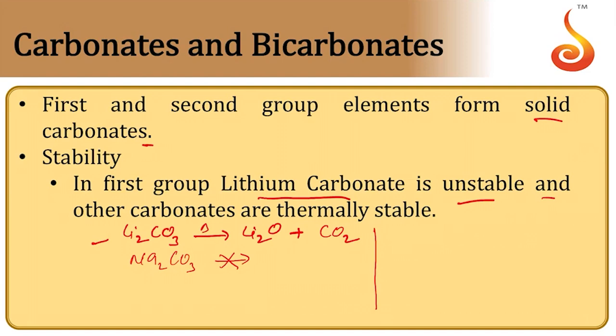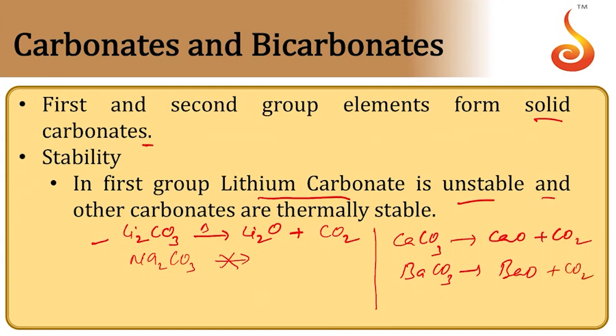Now when you take second group carbonates, all of them dissociate, but the stability will be increasing. Suppose when you take calcium carbonate, it gives rise to calcium oxide plus CO2. Take barium carbonate, BaCO3, it also dissociates to give BaO and CO2.